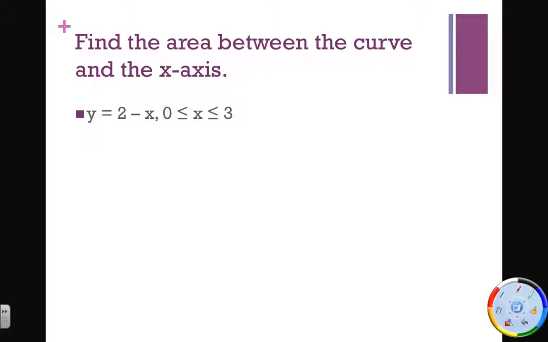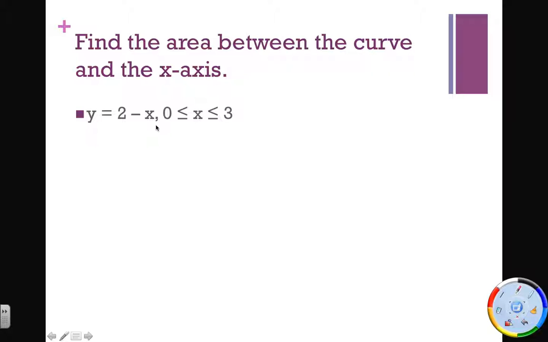Now, you notice I wrote this in a little bit different fashion. You need to know this statement, find the area between the curve and the x-axis. Now, before any of you come and ask me, hey, mister, this isn't a curve, it's a straight line.